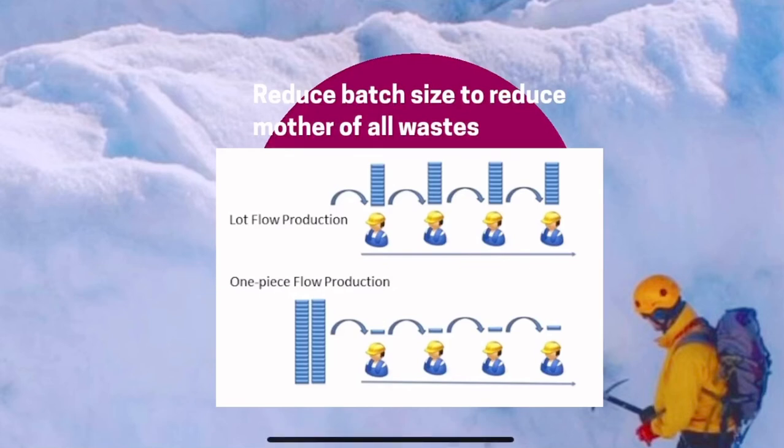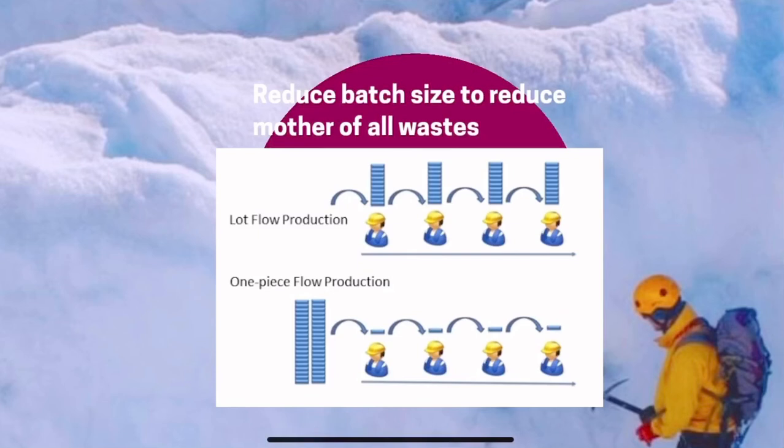When you reduce the batch size in any manufacturing system, you are targeting overproduction. So if you have an order of 50 kg from the sales team, then you can actually produce 50 kg regardless of your batch size. What happens in most industries is that we go for big machines which can only process big orders, and thus to reduce the cost per unit we always try to overproduce, and we think that it is going to reduce our cost of production, but in actuality it doesn't go like this.